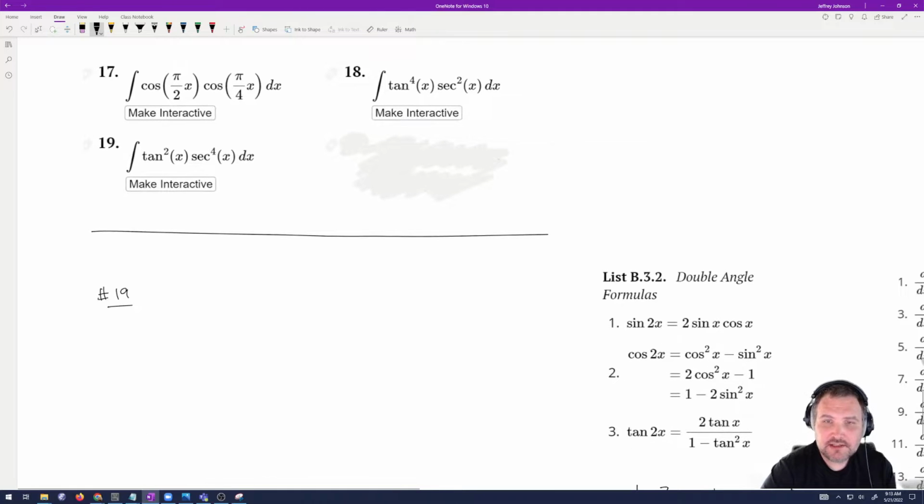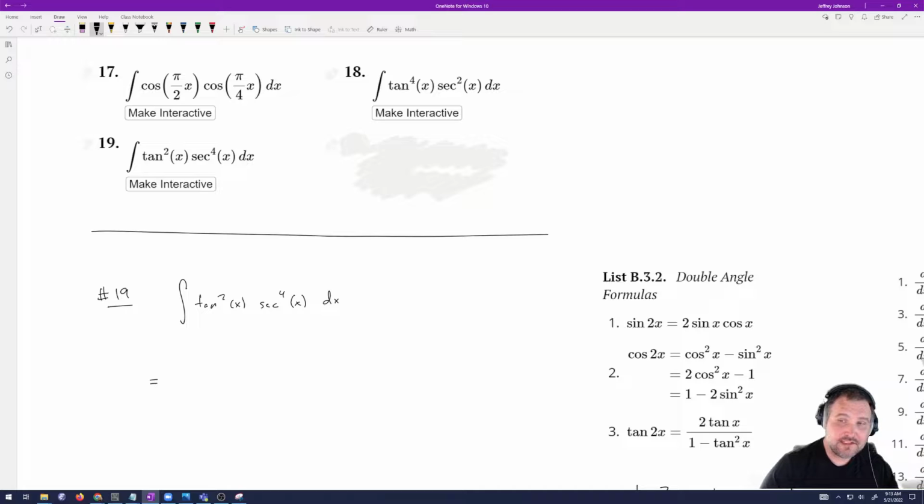Okay, in number 19, we want to find the integral of tan squared times secant to the 4th. So what is the whole idea here? The whole idea, very much like in the first case, is we want to use substitution eventually. And we want to be able to use the fact that the derivative of tangent is secant squared.